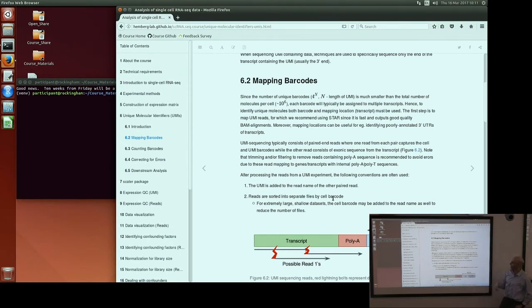And what you need to do as you process your reads is to trim these barcodes off before you do the mapping, and then you need to somehow keep track for each read of what its barcodes were as you do the further processing.